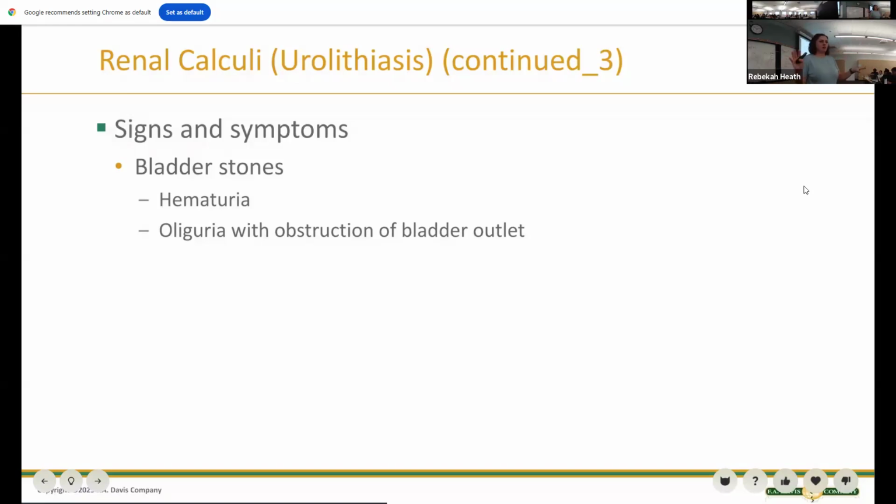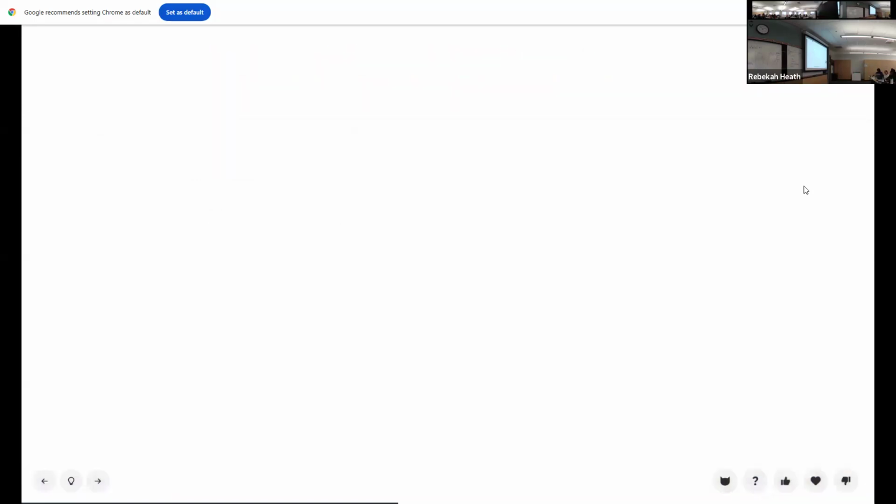There's nothing being produced, is if that stone blocks the ureter. Otherwise, they're not going to have many issues. So sometimes you might see a CT scan or an X-ray report, and it will say multiple bladder stones. But as long as those stones aren't blocking anything, they might not do anything about them because they're not causing a problem at that time. That makes sense? Okay.